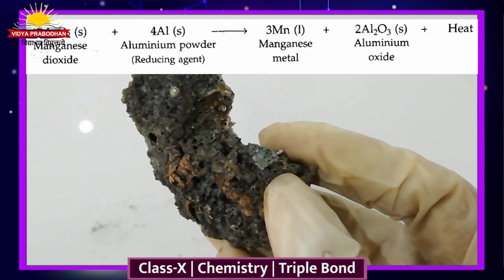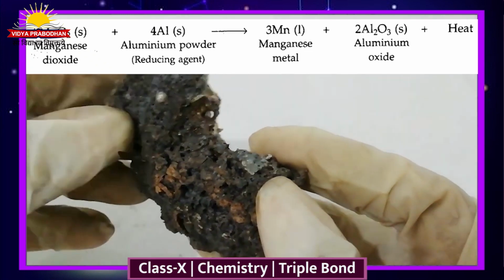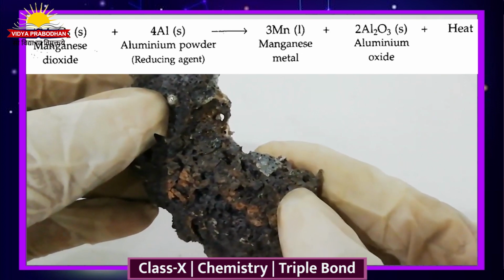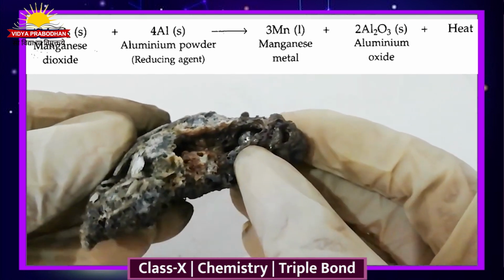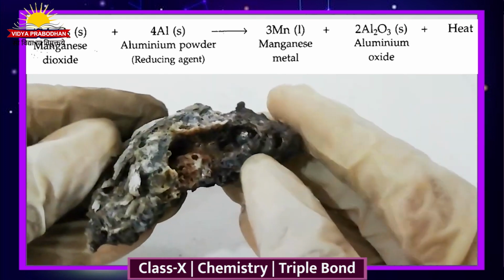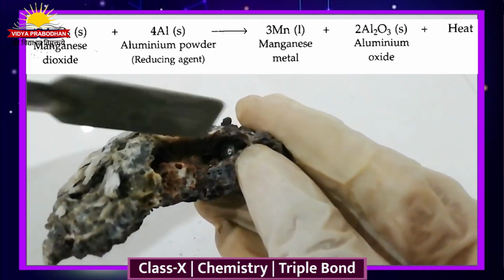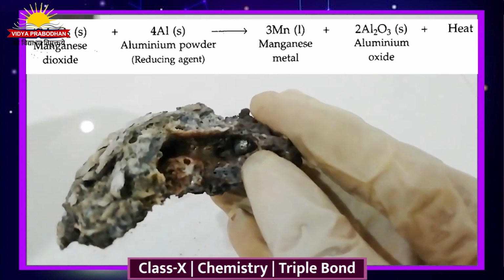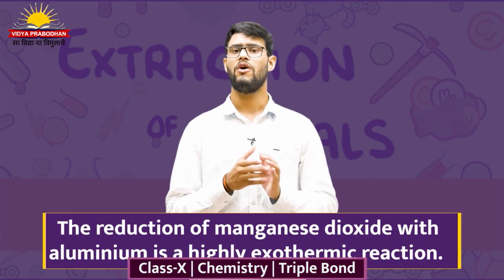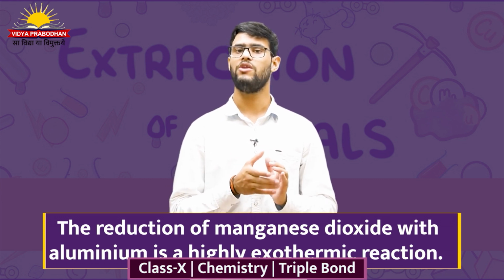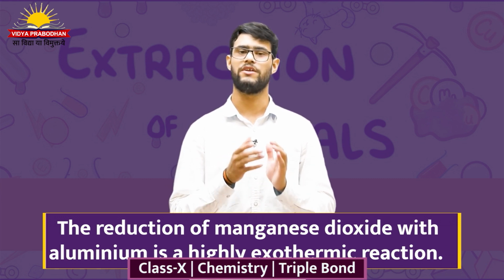This is a displacement reaction between MnO2 and Al, which is also an oxidation and reduction reaction. This example illustrates the use of a displacement reaction in the extraction of metals. The reduction of manganese dioxide with aluminium is a highly exothermic reaction.